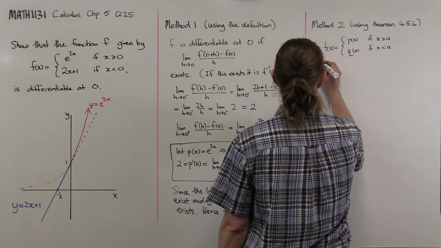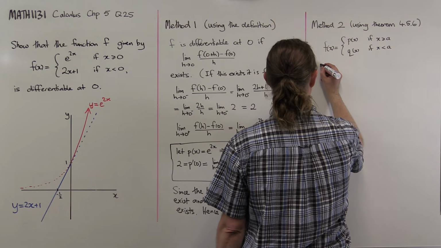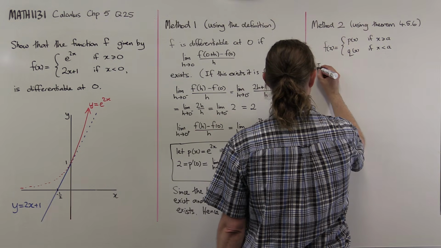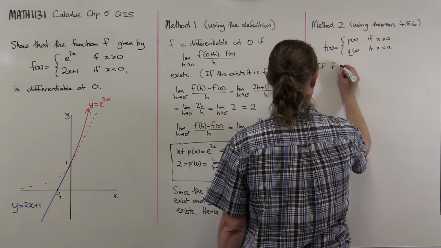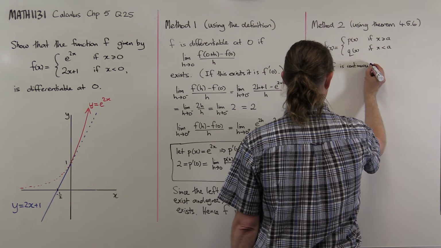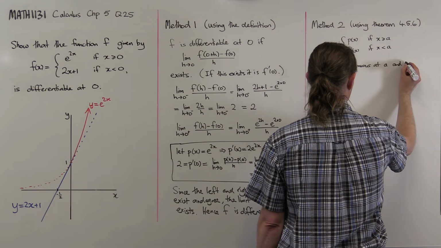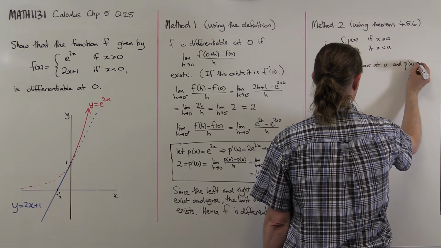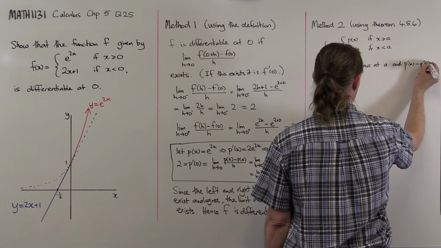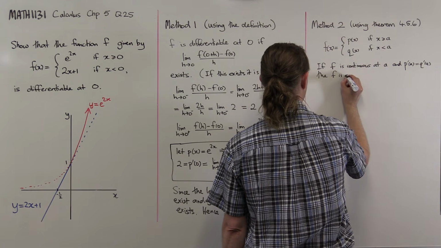So basically this says if f is continuous at a and p dashed of a is equal to q dashed of a, then f is differentiable at a.